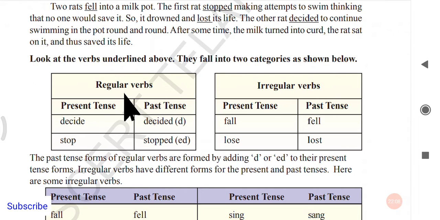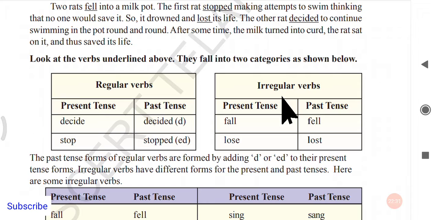So they are called regular verbs. Then we have irregular verbs. Though we change the present forms into the past, they don't get d or ed. They are called irregular. A very simple point to remember: those which don't get d or ed are irregular, in the sense that they are not regular.